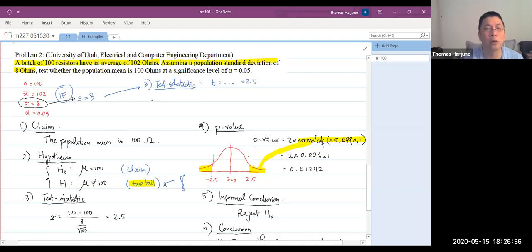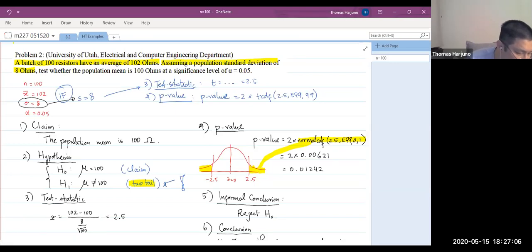And then in step 4, the p-value is 2 times T CDF of 2.5 to E99, with degrees of freedom 0. I get 0.01406. So I still come up with the same informal conclusion and therefore the same conclusion.